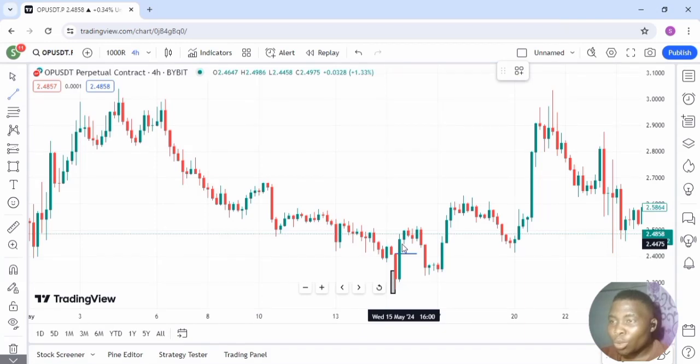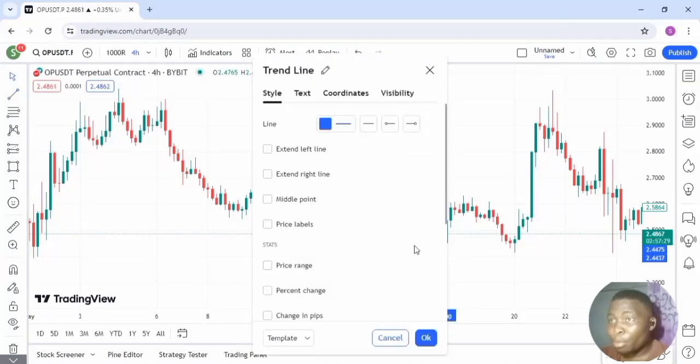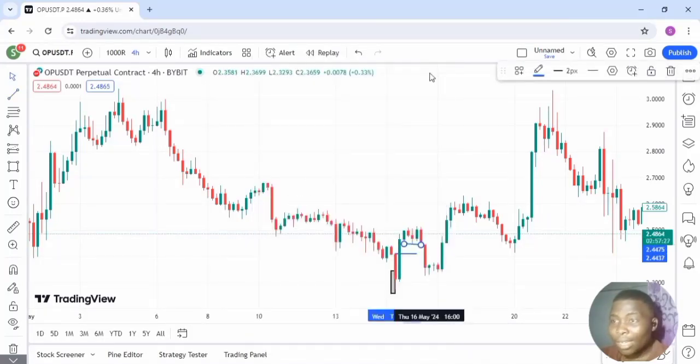And equally look at the low of this candle. When you look in between these two lines that I drew here, you find out that there is a gap in between these two lines.